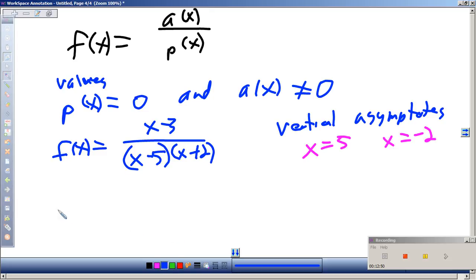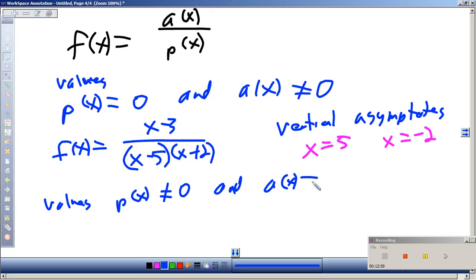Now, next case. Values where p of x equals 0 and a of x equals 0. Remember, we did some problems like that, where both top and bottom equal 0. What happens when they're both equal to 0?